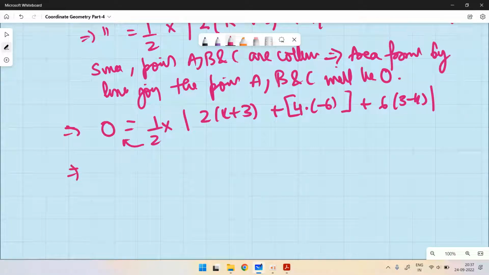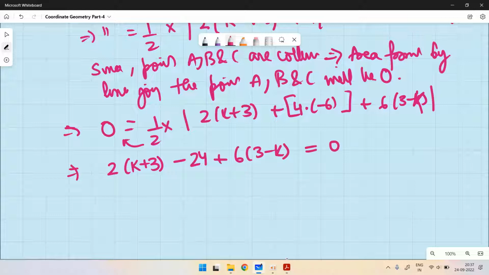So this will be 2 into (k plus 3) plus 6 into 4, which is minus 24, plus 6 into (3 minus k) equals 0. The modulus sign will be removed because the modulus of 0 is always 0.